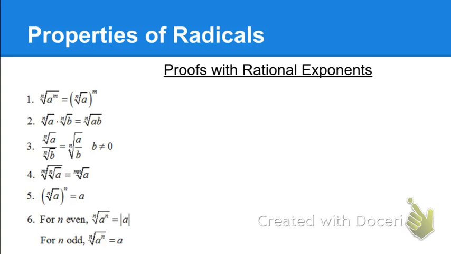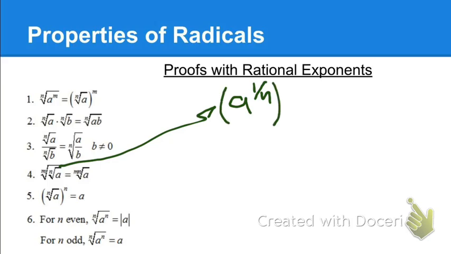Power of a power. Here's why you multiply indices. Alright, if we were to take this left side here and rewrite it with rational exponents, so instead of writing the nth root, we're going to write it as a to the 1/nth power. And then instead of taking the mth root, we can write it as raising it to the 1 over m power.